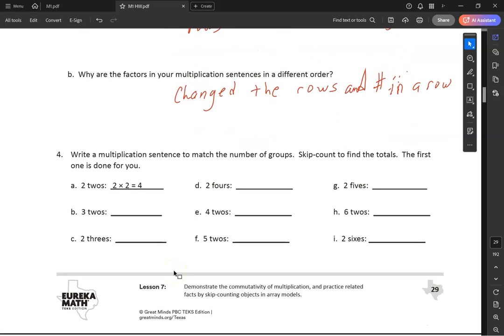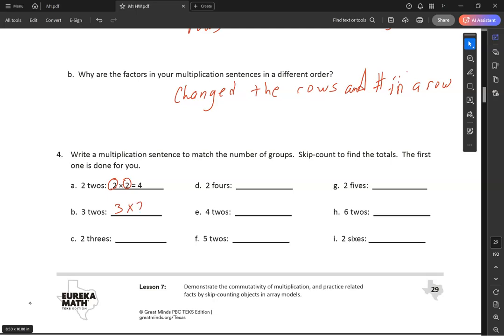Write a multiplication sentence to match the number groups. Skip count to find the totals. The first one is done for you. So 2 2's, 2 times 2 equals 4. 3 2's.